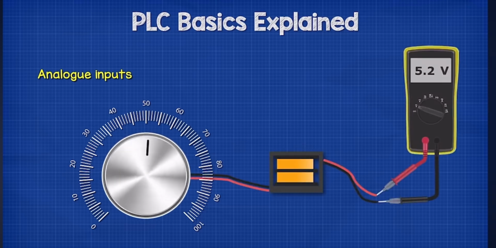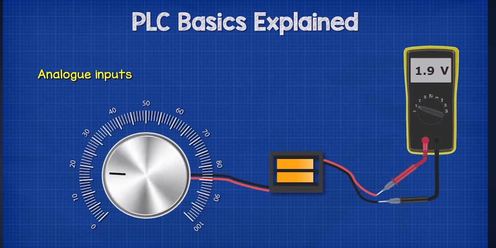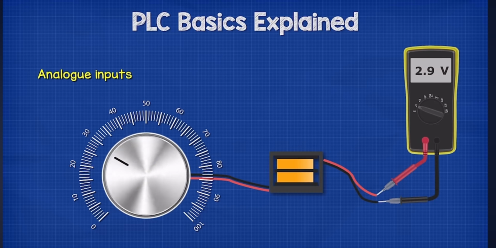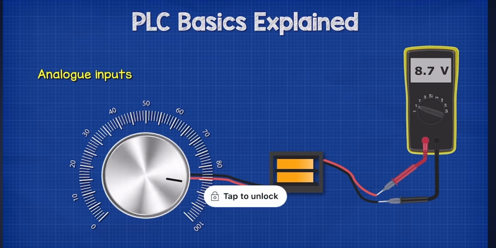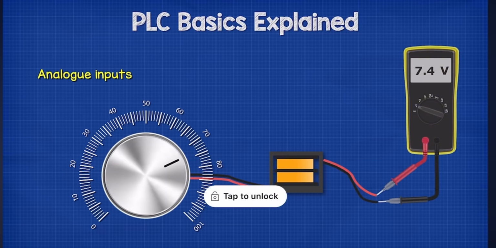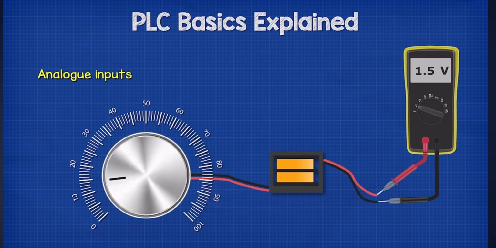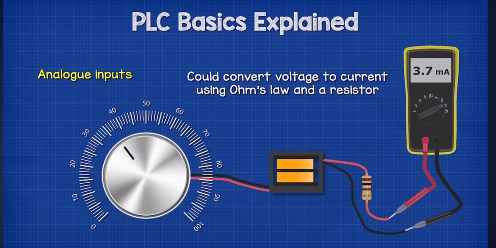This will go through a voltage transformer to give 0 volts at 0% and 10 volts at 100%. The PLC can scale the input to match the sensitivity required for a very accurate output control. It also converts the voltage into current using resistors and Ohm's law.